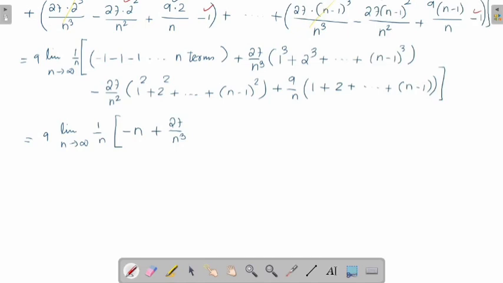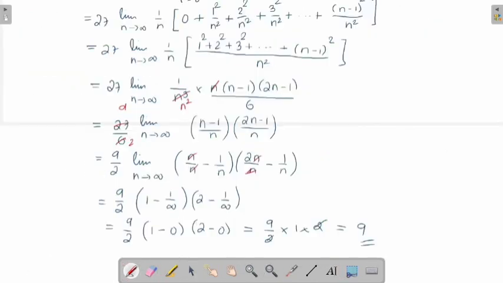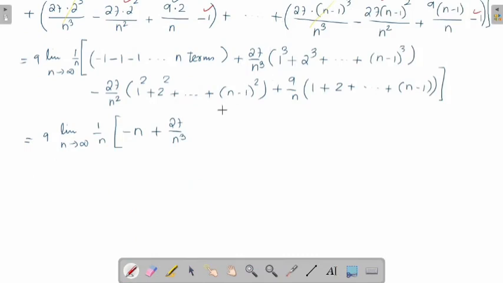Let's see from the formula. This is n into n minus 1 by 2 whole square, right? So in place of this I will be writing n into n minus 1 whole by 2 whole square. The whole square can be written as this much also, so let me write 4 here.